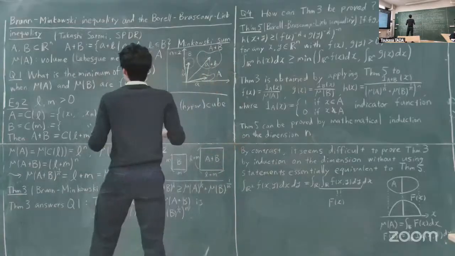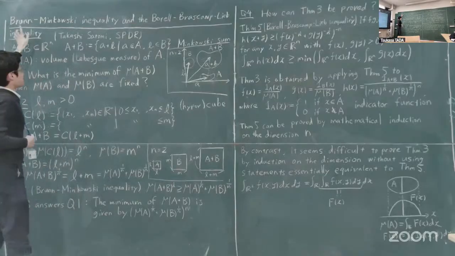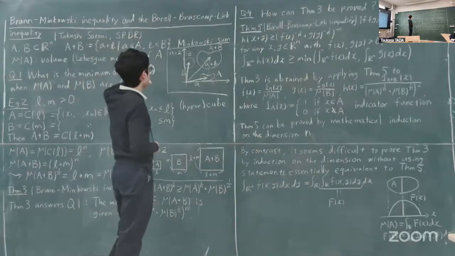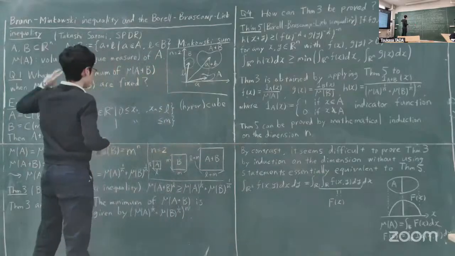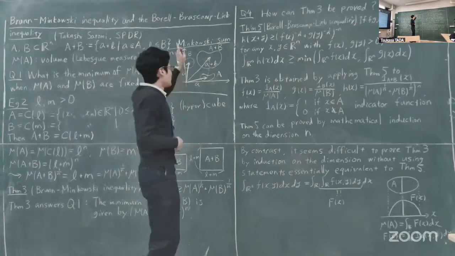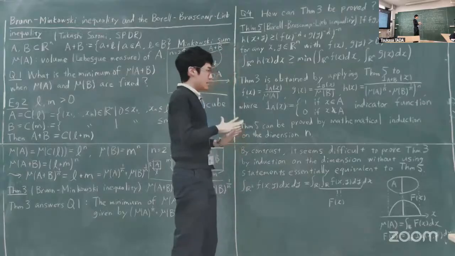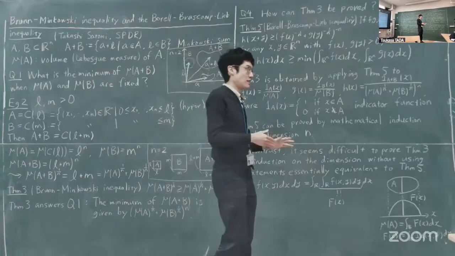As I said, the Lie group version of the Brunn-Minkowski inequality is known, but the Lie group version of the Borell-Brascamp-Lieb inequality is not known. So I am interested in whether such a generalization exists.